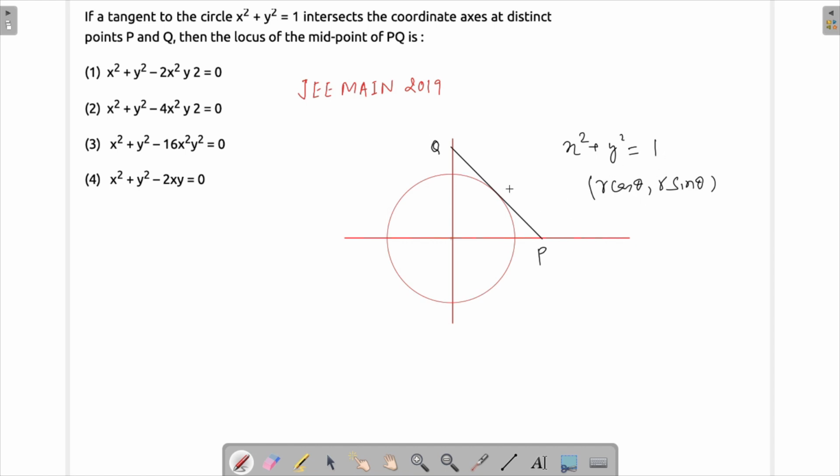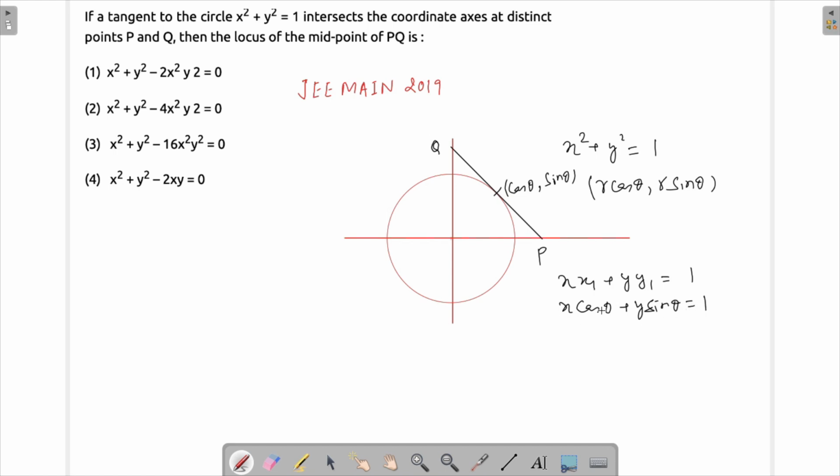In this case, r is 1, so this point is going to be cos theta and sin theta. The equation of the tangent will be x x1 plus y y1 equals 1, and substituting, this becomes x cos theta plus y sin theta equals 1.